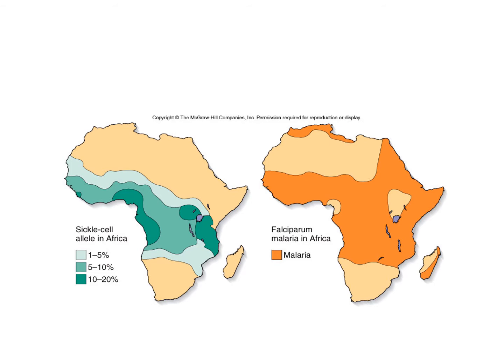When we look at the two maps here, on the right, that's the distribution of the parasite that causes malaria. And there's a big correlation between high frequency of the sickle cell allele and the distribution of malaria. So as it turns out, people who are heterozygous for the sickle cell mutation have a great degree of resistance to malaria.